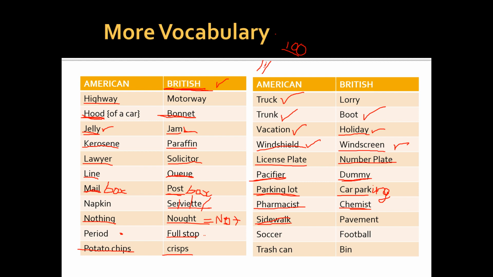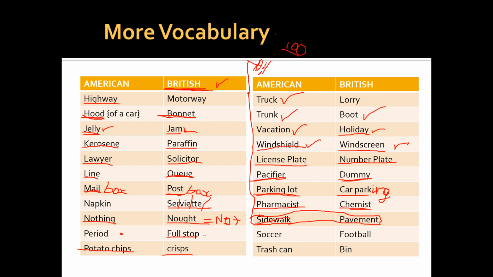This is the road, and this is a sidewalk for the people to walk. The people can walk over here. This is called the sidewalk, and the Britishers call it a pavement. So these both mean the same. Actually, everything means the same, but the difference is how the British and American English say it.